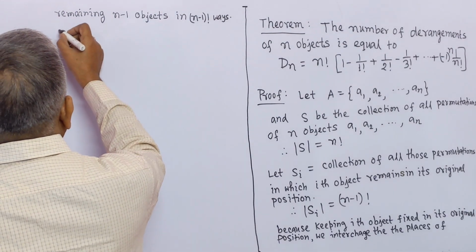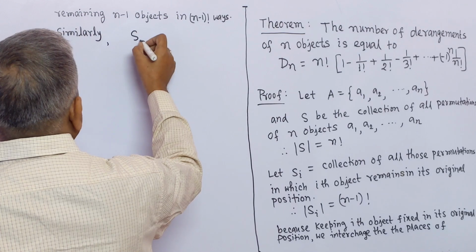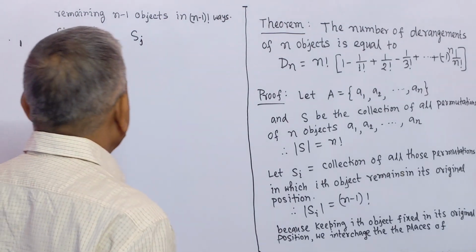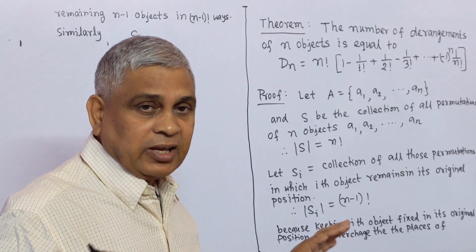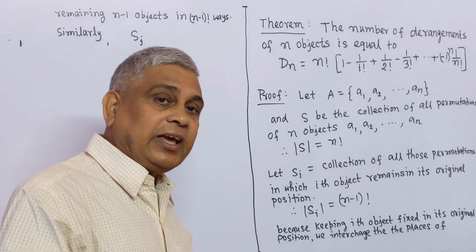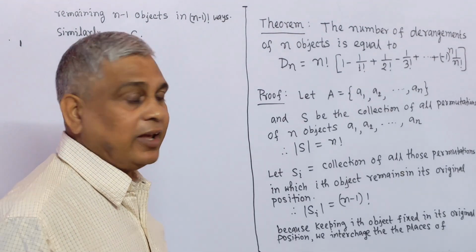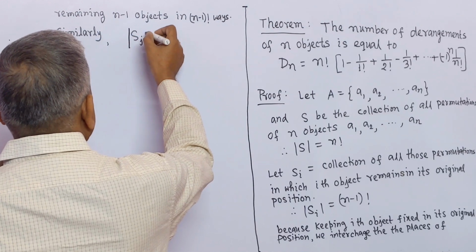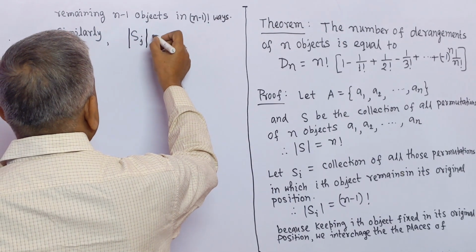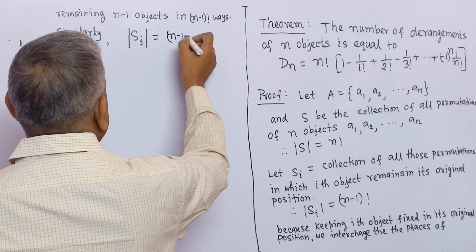Similarly, Sj means the collection of all permutations in which the jth object remains in its original position, and the number of elements in it is (n-1)!.